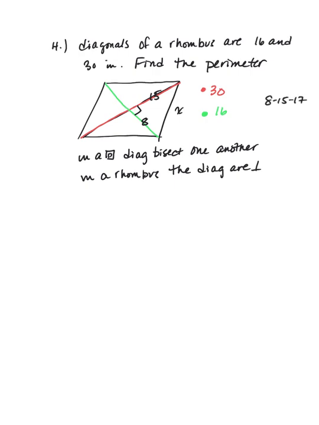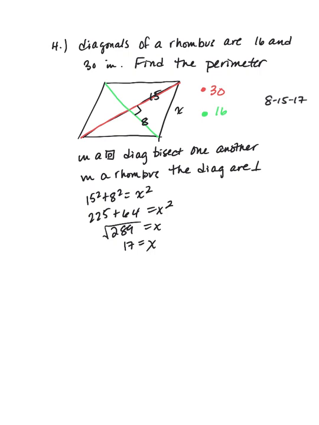If you don't have that triple memorized, then you have to do leg squared plus leg squared is hypotenuse squared. You have a calculator, so do all this on a calculator. Little dinosaur me is just going to do it in her head, because I've done it enough times without a calculator. All right, so I get 17.